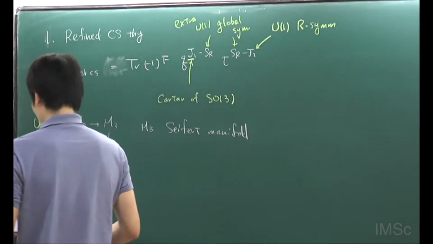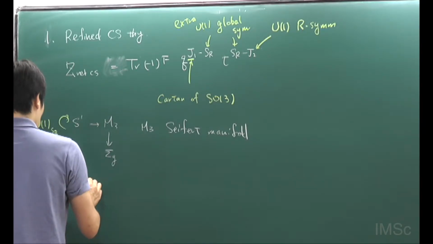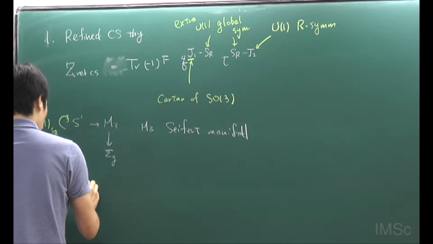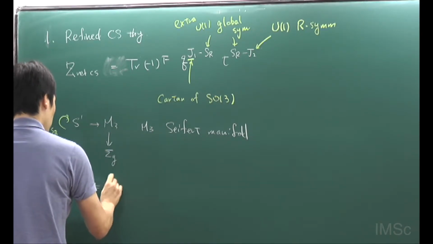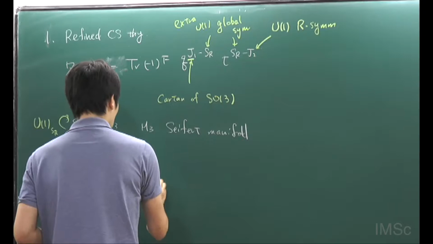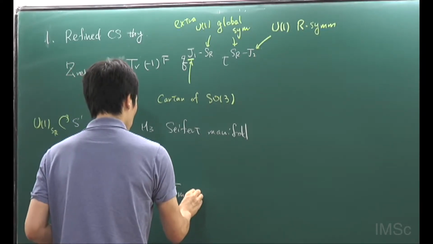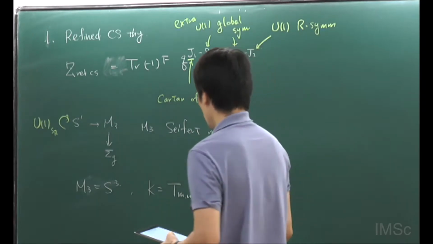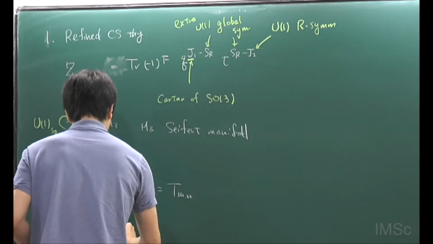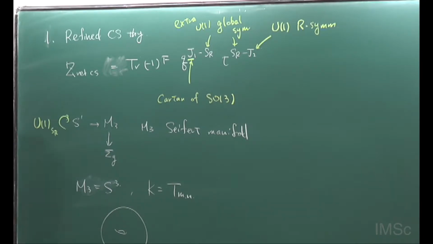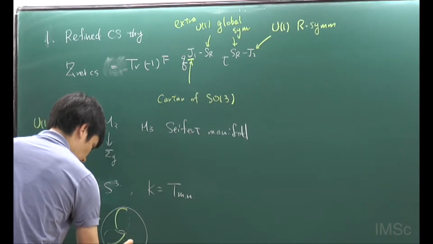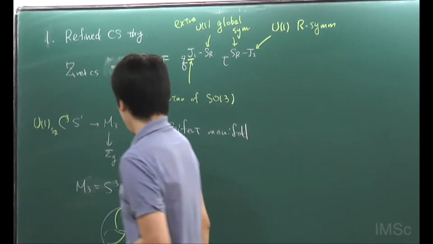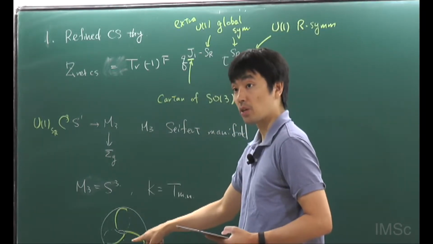In order to preserve this U(1) symmetry, if M3 is S3, then the knot has to be a so-called torus knot. As I explained to you, a torus knot is a knot which can be put on a torus.